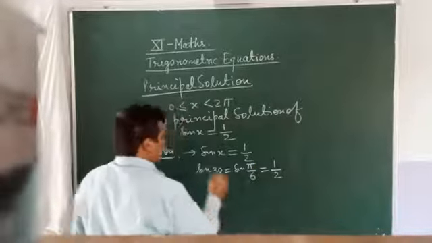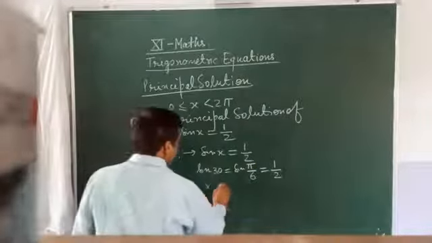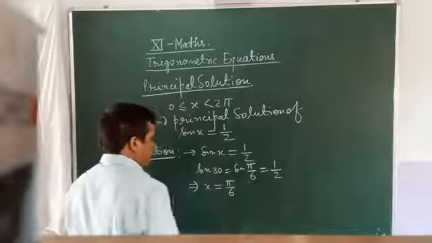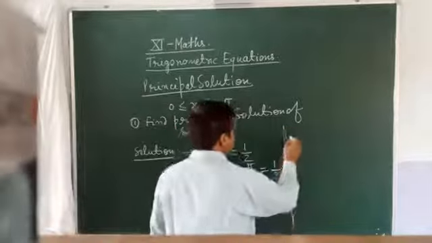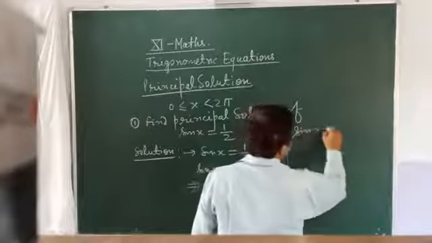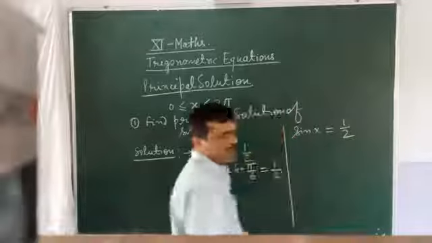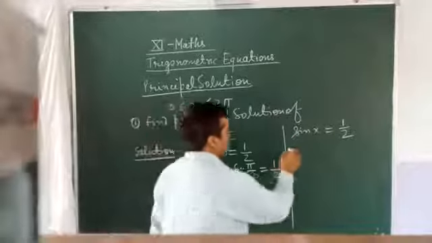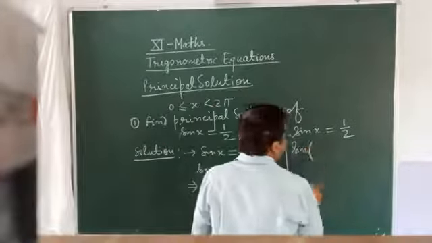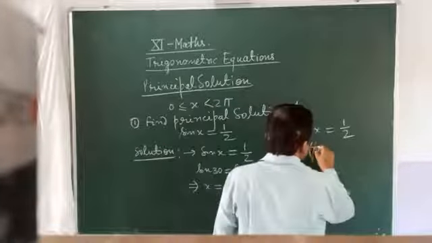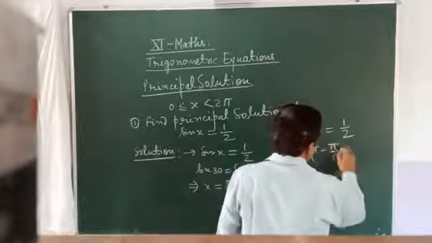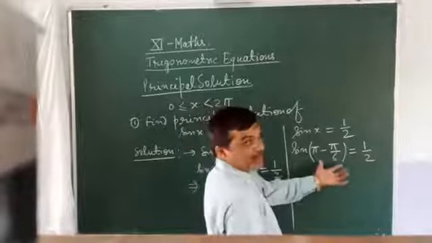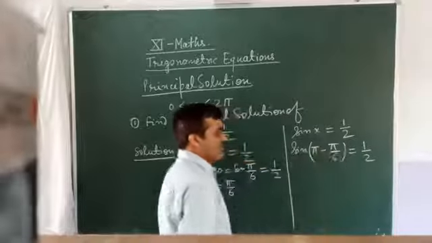So the first value is x equal to pi by 6, its principal solution. Since sin x is positive in the second quadrant also, for the second quadrant we have sin of pi minus theta equal to sin theta. Sin of pi minus pi by 6 is sin pi by 6, which equals 1 by 2.